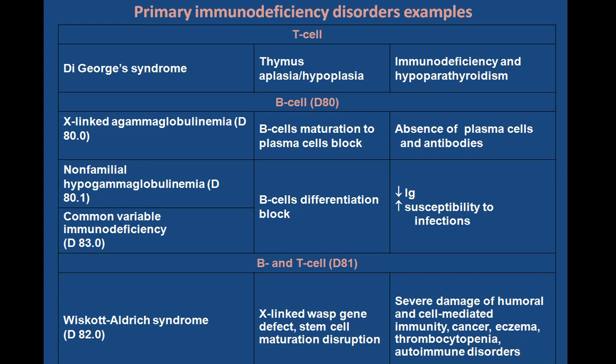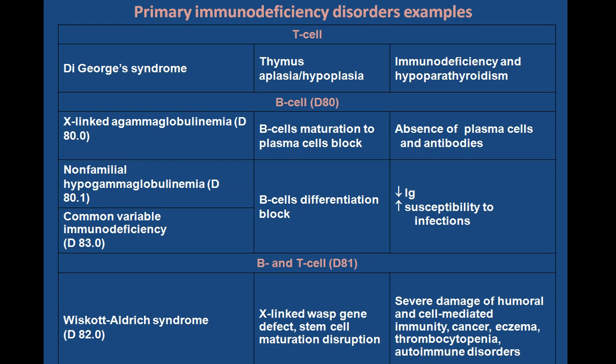Just the same we can find in the case of common variable immunodeficiency, which has its place in the International Classification of Diseases as D83. Then B and T cell combined deficiency, in the classification of diseases D81.